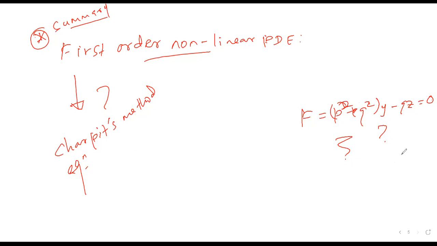Answer me, please. Only 1, 2, 3 people are answering. Where are the others? There are 50 people here. Only 1 or 2 people are answering. So I need to call you, then only I can see. I don't know whether you are in the lecture or not. Okay, 018, can you answer me?